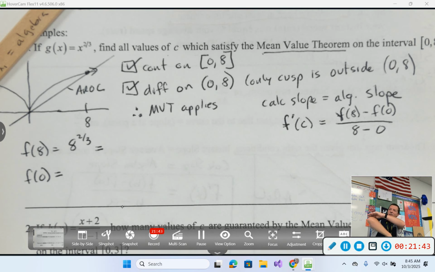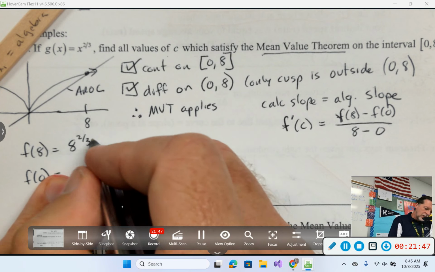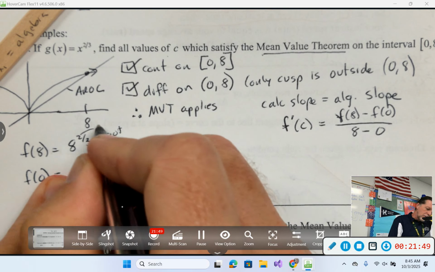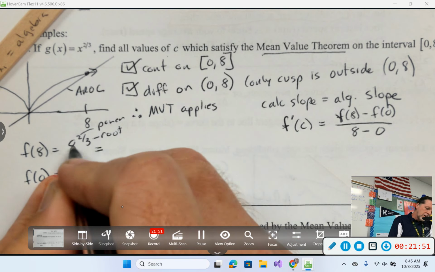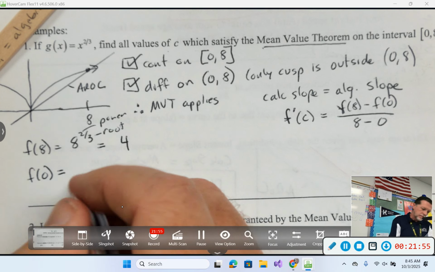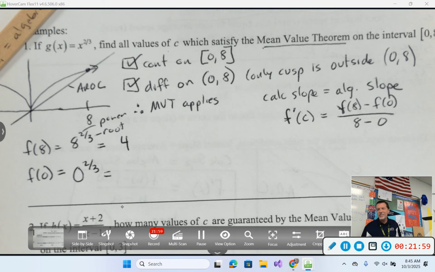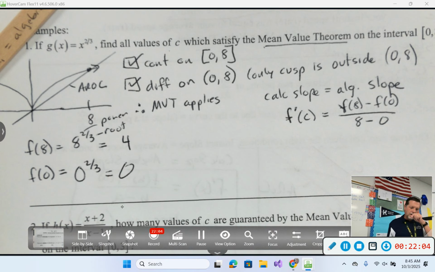So the cube root of 8 is 2. Root power, 2 squared is 4. Zero to the 2/3, that's a lot easier, because 0 to anything is 0.